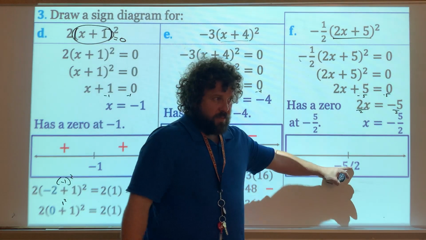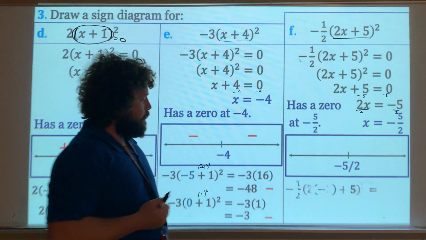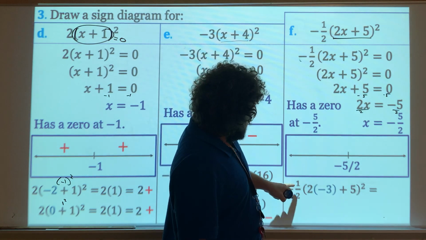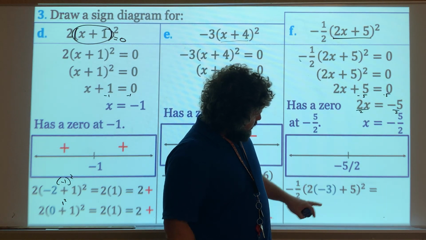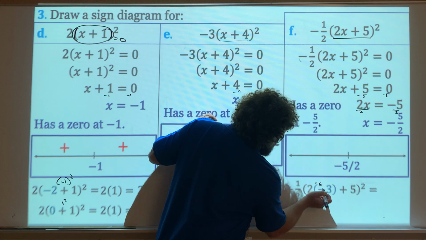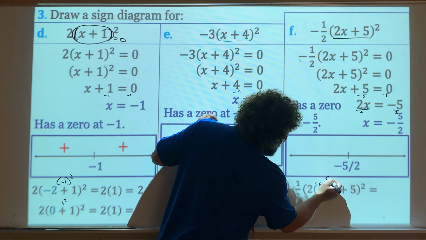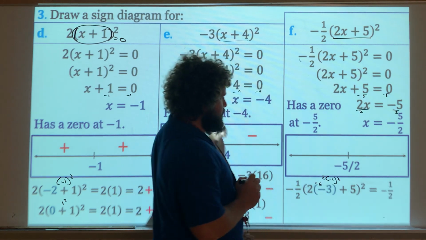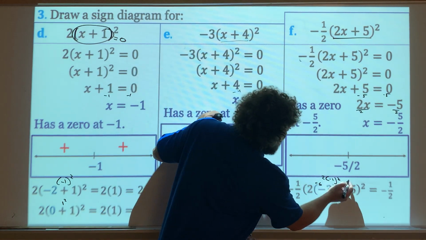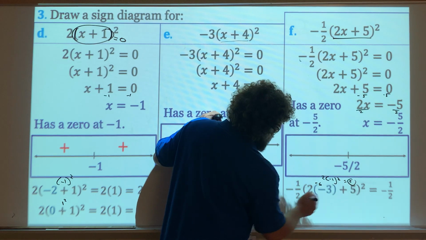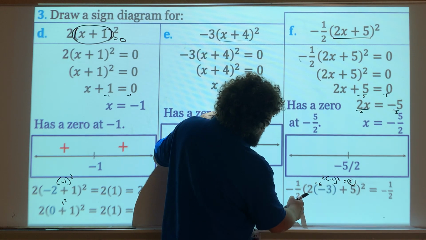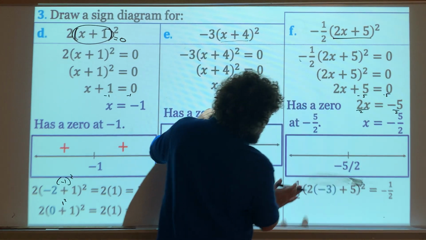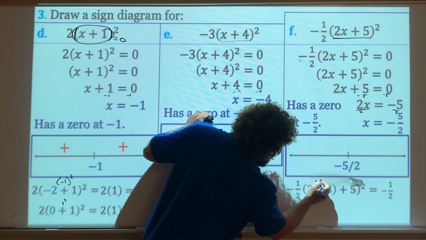Negative 2.5. A number less than that would be negative 3. Look at this. I don't even remember what I put here, but this is what I would put. Negative 1/2 times 2 times negative 3. So 2 times negative 3 is a negative 6. Negative 6 plus 5 is a negative 1 squared. Wait a second here. 2 times negative 3 is negative 6, right?